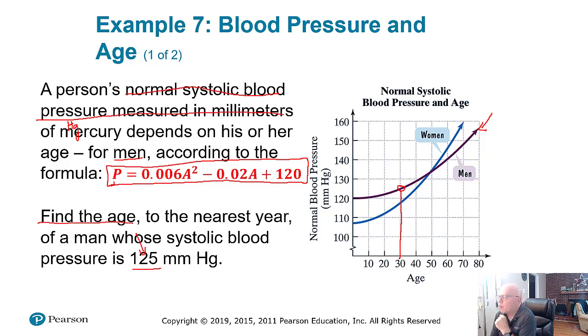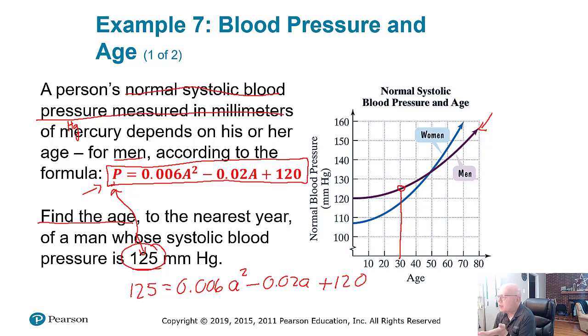So you take this formula, and it says for pressure 125. So what you want to do is put that 125 in where the P is. So you got 125 equals 0.006 A squared minus 0.02 A plus 120.